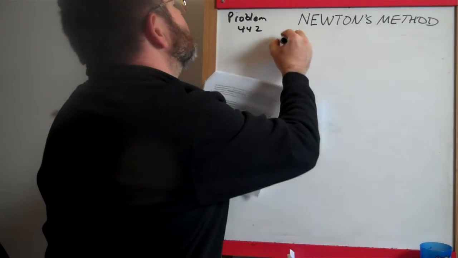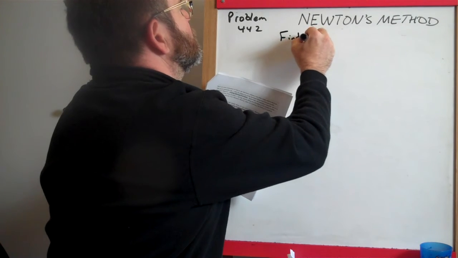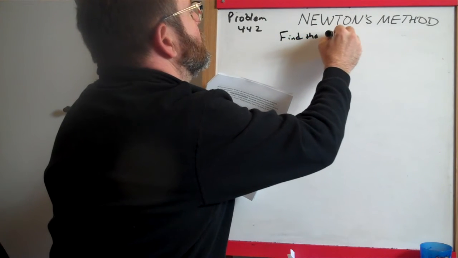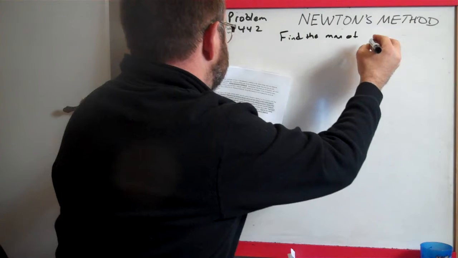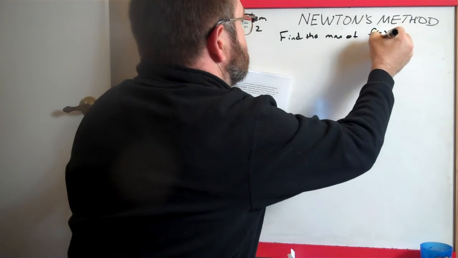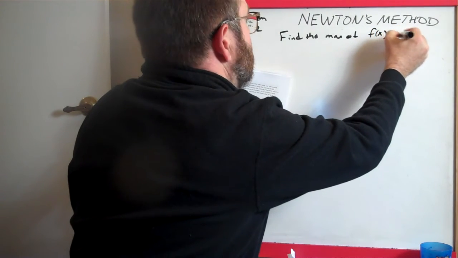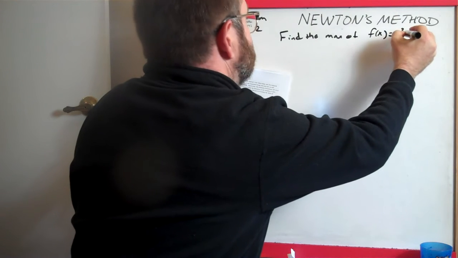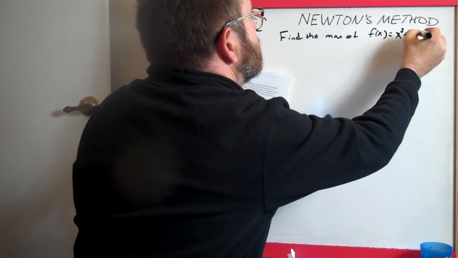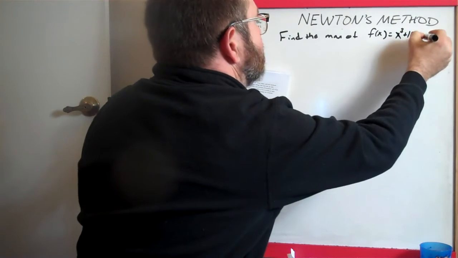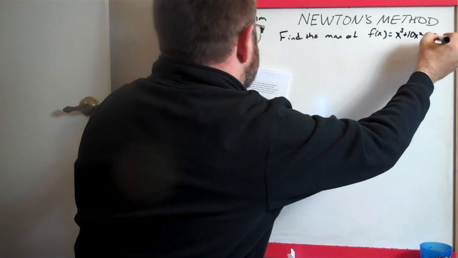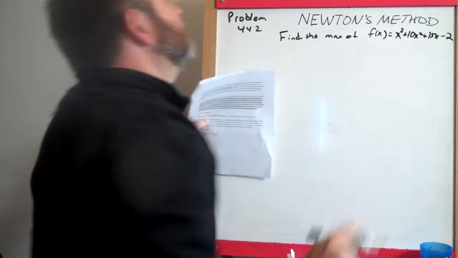And it's saying find the max of this function. F of x is equal to x cubed plus 10x squared plus 15x minus 2. All right.